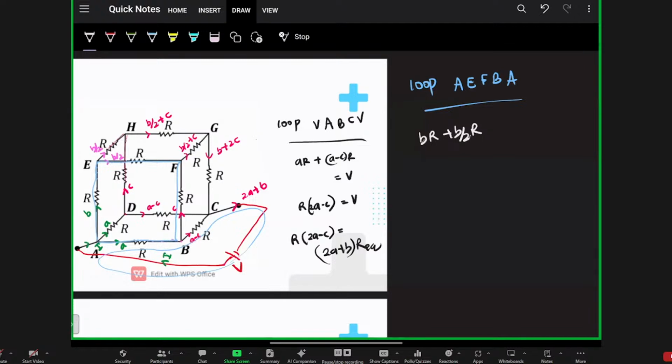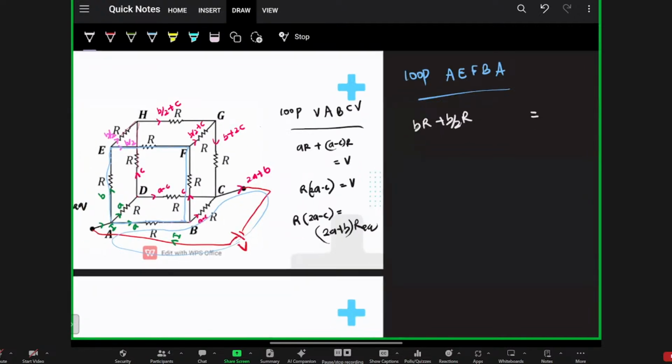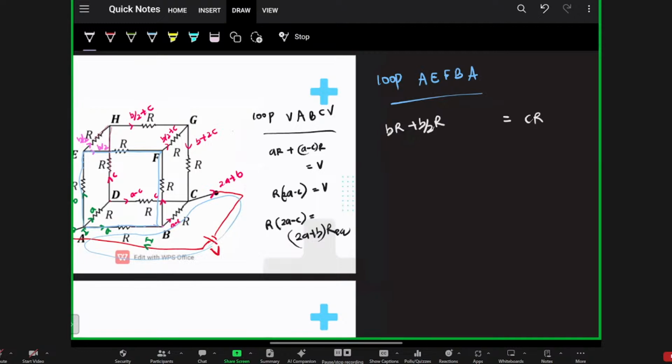So how much will it be? CR again opposite, correct? Again opposite. Okay, so it will be AR, correct?